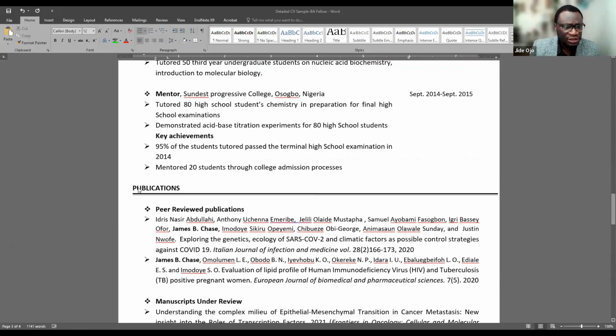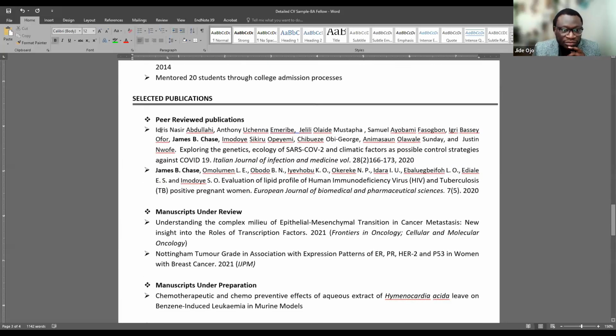But here you can say, instead of saying publications, you can say selected publications, right? And you would now handpick the ones you think are relevant to the position you're applying for, right?